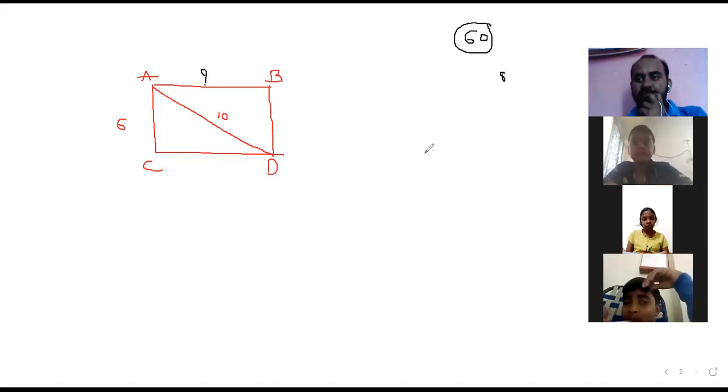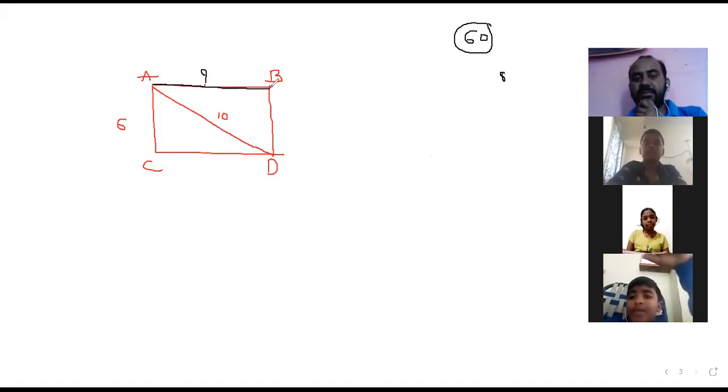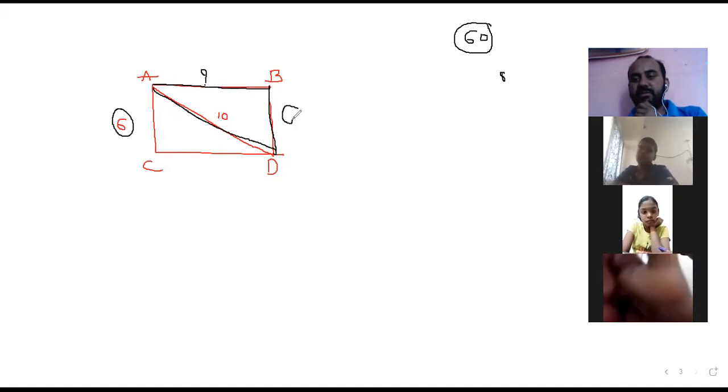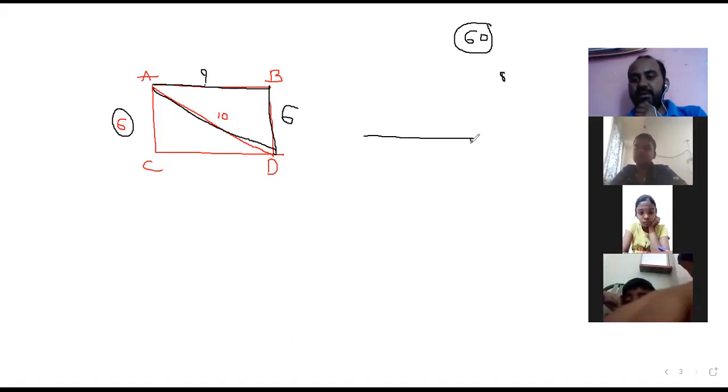So now look here. First, what part are they asking? This part they are asking. So I can take this triangle. Before that, this is a rectangle. If this side is 6 centimeters, then what about this side? 6, right? So I am taking that part A, B, and D. This is my triangle.